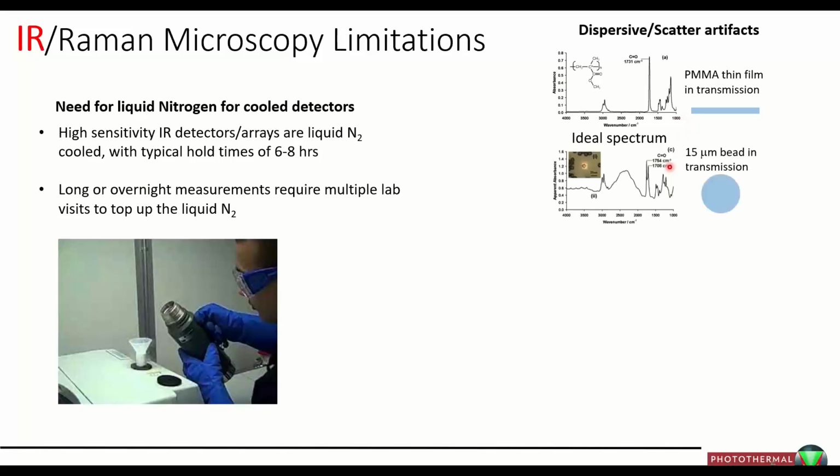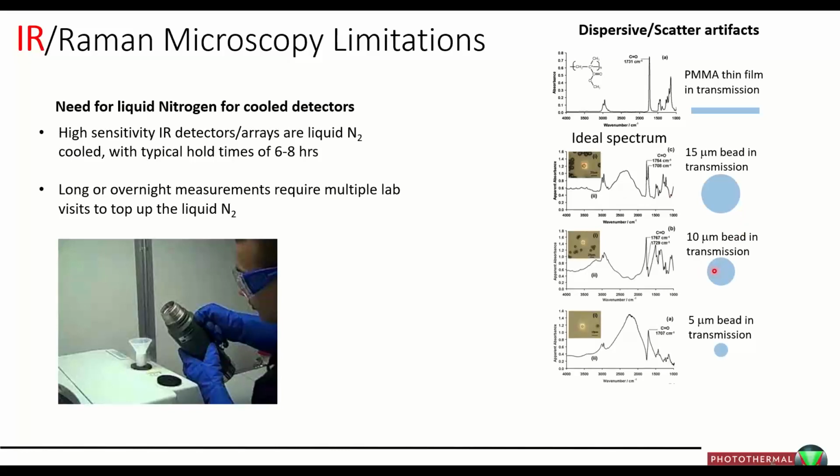However, let's take the exact same material and now make it into a bead, a 15 micron diameter bead, and measure that in transmission. Well, now the spectrum looks decidedly different. Raised baselines with strange baseline artifacts. Even some of these peaks are now splitting and changing position. And it's now actually size dependent.